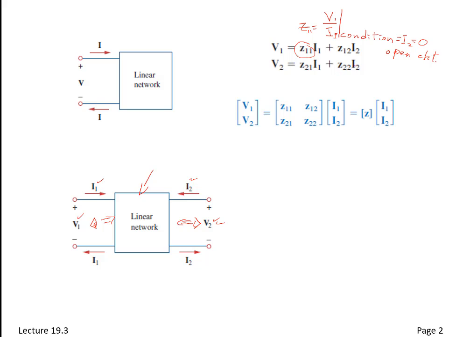Okay, so I'm not going to go through them all like that, but quite simply, what we did was we said I have four terminal parameters, voltage and current on one side, voltage and current on the other side, and I can arbitrarily choose to relate those any way I want. Okay, let me say that again. I can arbitrarily choose to relate input voltage and current to output voltage and current, or current and voltage, in any way that I want.